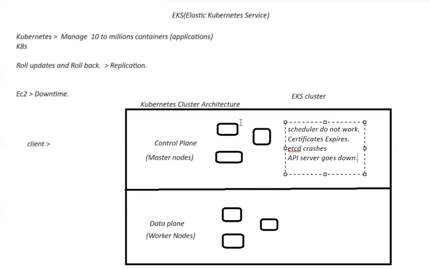This architecture is maintained by DevOps engineers, so this becomes a lot of problems for them. These are only a few issues I'm showing you; there are multiple issues. So to handle these multiple issues, what happens?